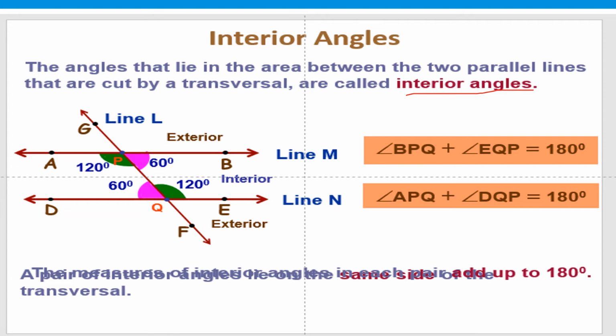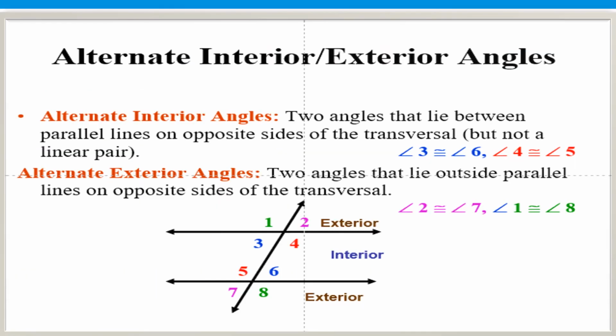So this angle and this angle equal 180 degrees. Okay, so same here, this is 180 degrees, same here. If you are going to add, their total is 180. This is cut by a transversal.